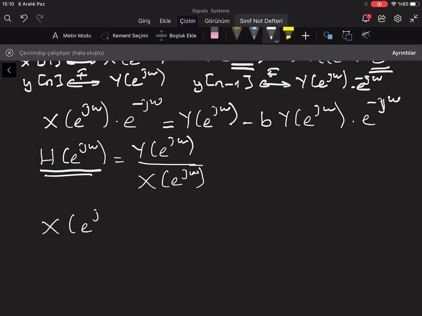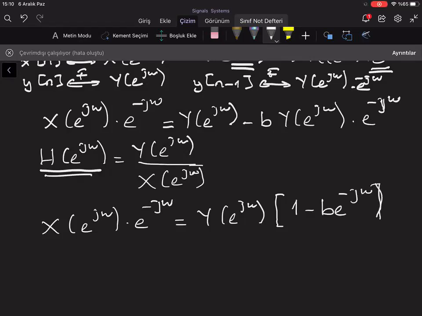Y e to the j omega, this is my parentheses, and then 1 minus b e to the power minus j omega. Y times 1 is this one, Y times b e to the minus j omega is this one.